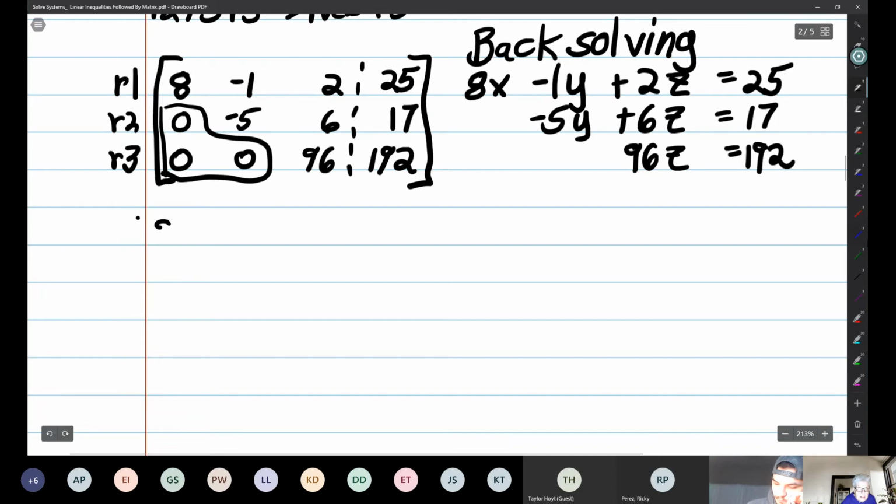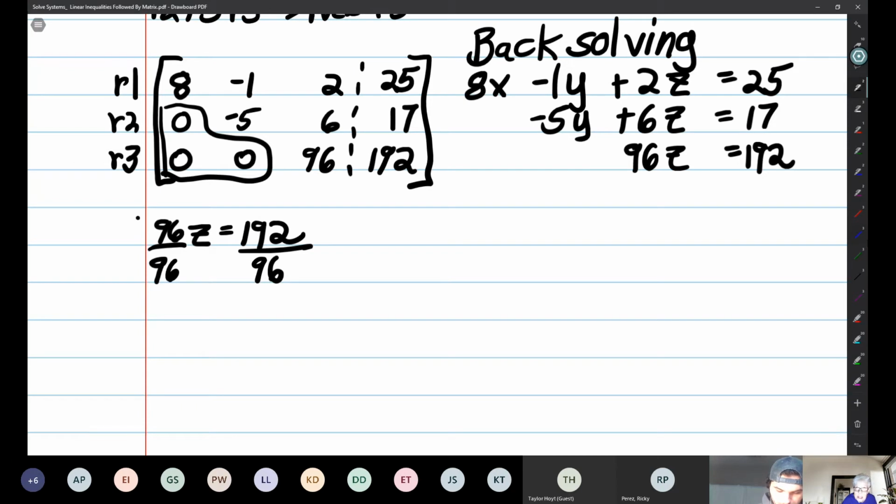Okay, so first, 96z is going to equal 192. And I divide both sides by 96. But is it 2 times 96? Does 96 go into 192 twice? I think it does. Let me get my calculator. I'll need it now.